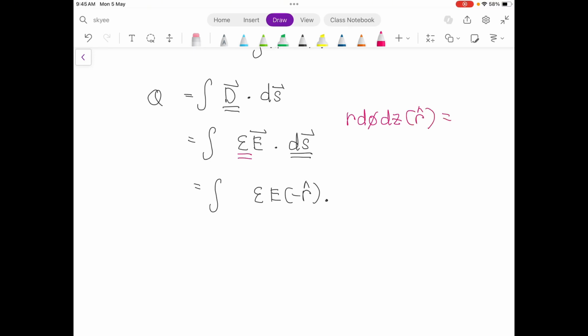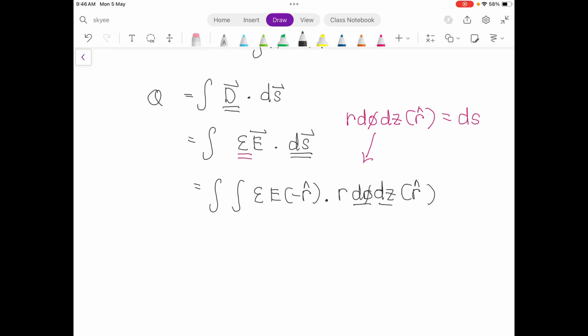Okay, so this one represents the ds for the cylindrical coordinate system, and we are going to replace it here. So it would be r dr dφ dz, and also the r direction. Okay, so we are going to define the interval of these two terms.